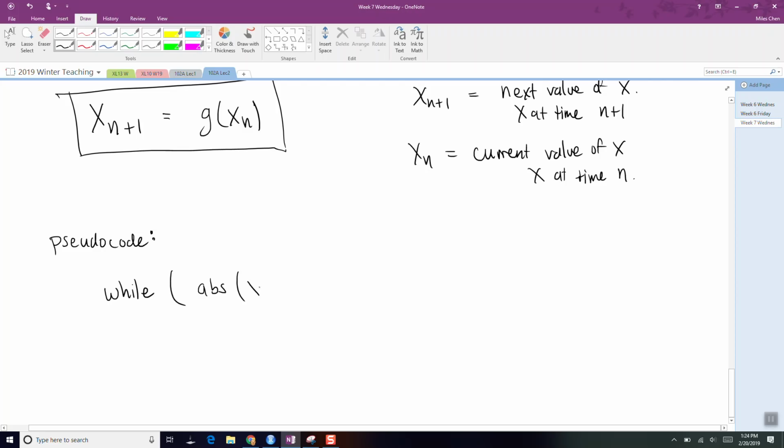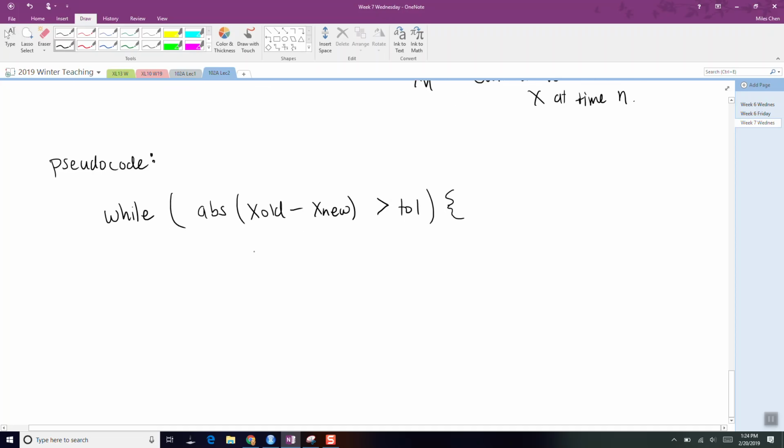So we're going to say while x old minus x new is greater than some kind of tolerance level, what we will do is we will take our current value, assign it to x old, and we'll say the new value is going to be g of x old, okay?